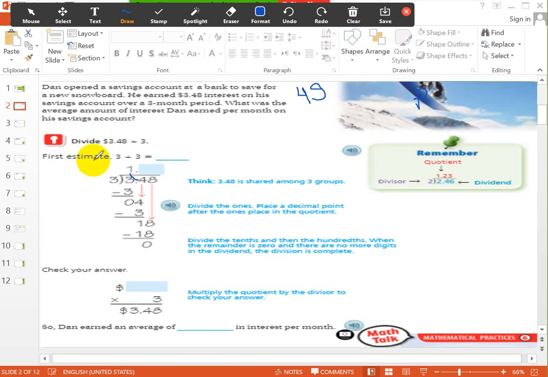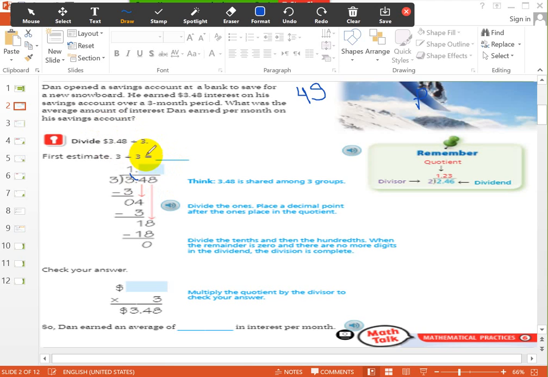Why do I want to round the number right here? Because I want to estimate the answer. This step will help me to know if my answer is correct or not. If your answer is close to the estimation, that means your answer is correct.